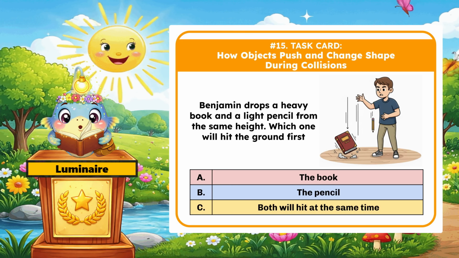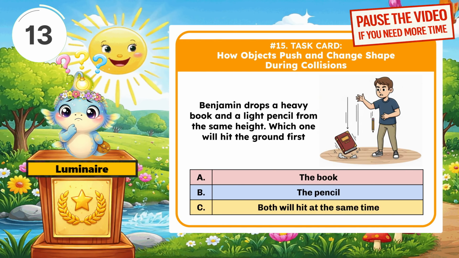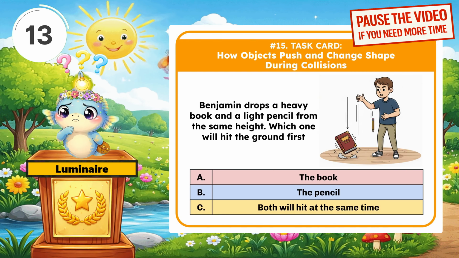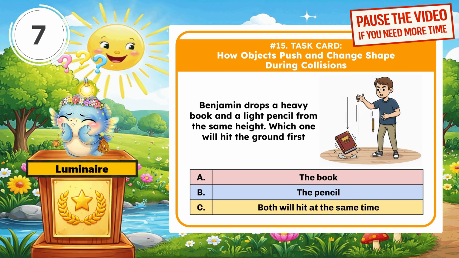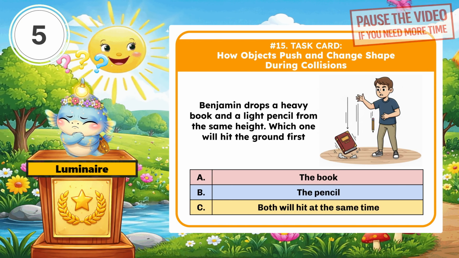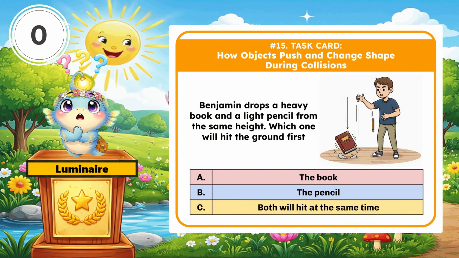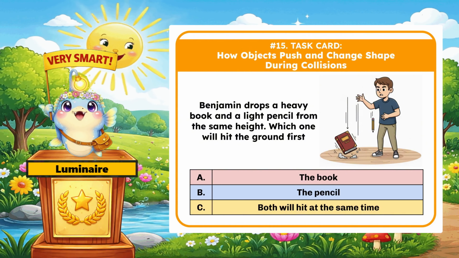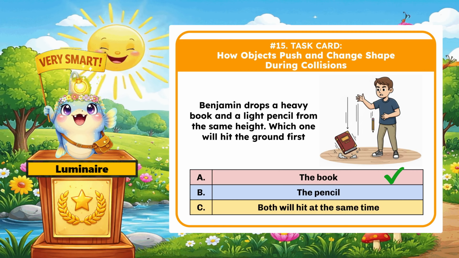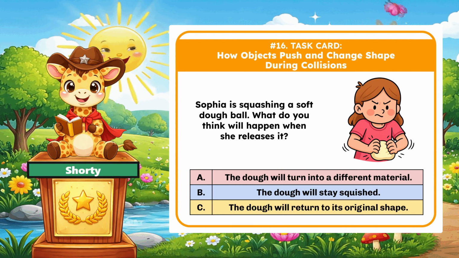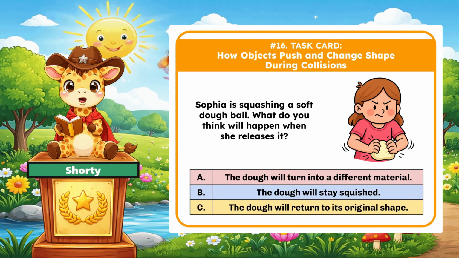Which one will hit the ground first? And the correct answer is letter A. The book. Sophia is squashing a soft dough ball.